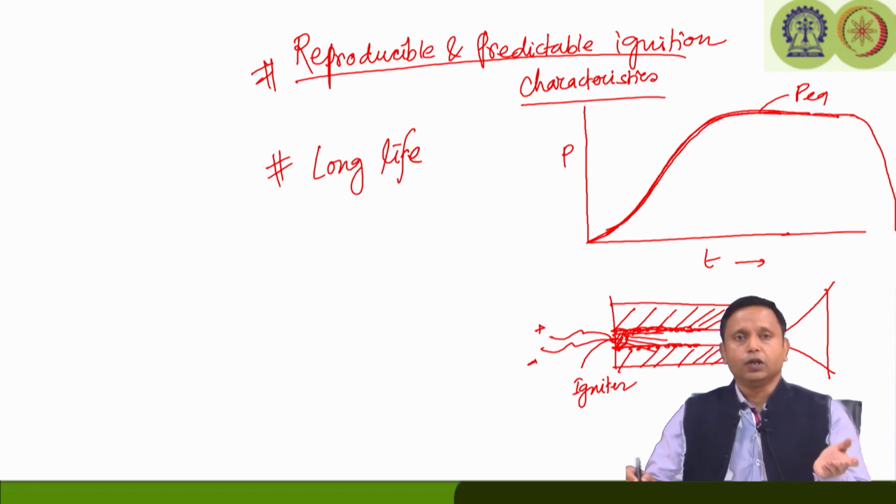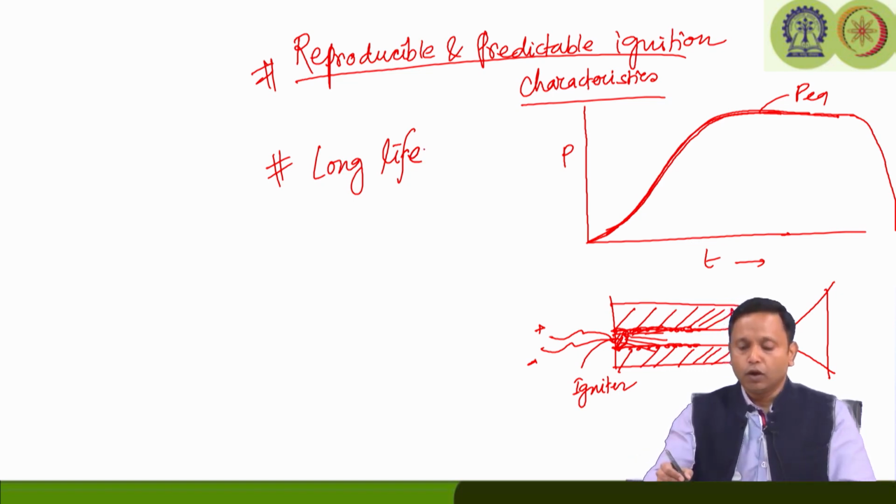So, they may be stored in storage areas. So, the chemical property or chemical quality of the propellant should be maintained for a longer period of time. That is why long life and good aging characteristics need to be maintained with the propellant.